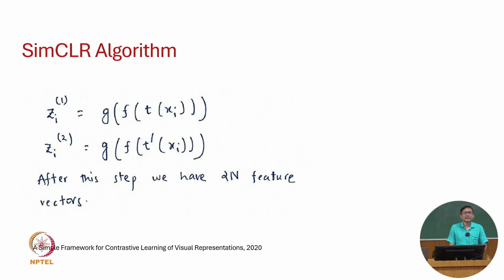We started with n samples, right? Our batch size was n. We had this x1, x2, xn. And we are doing this for each xi, which means for the batch size of n, what are we going to get? We are going to get 2n feature vectors.